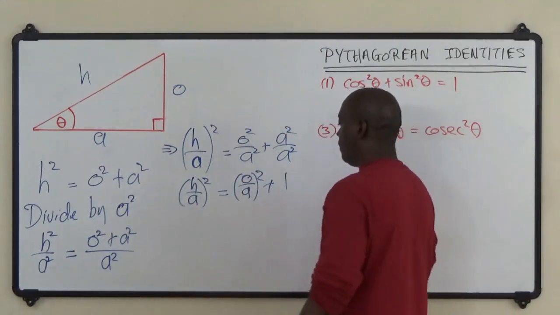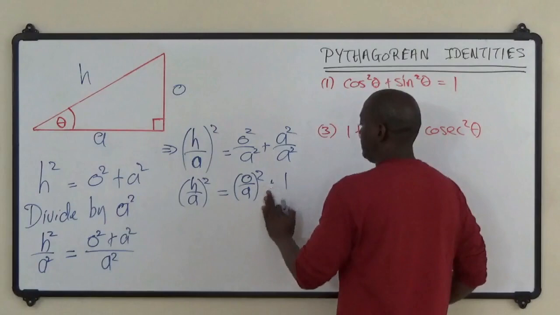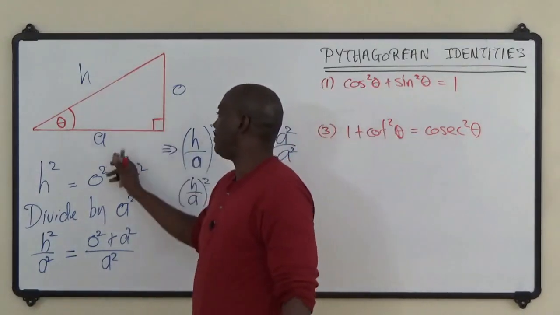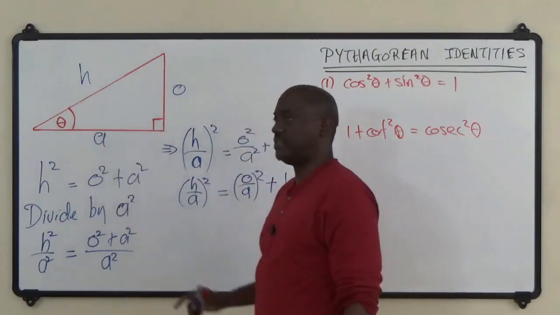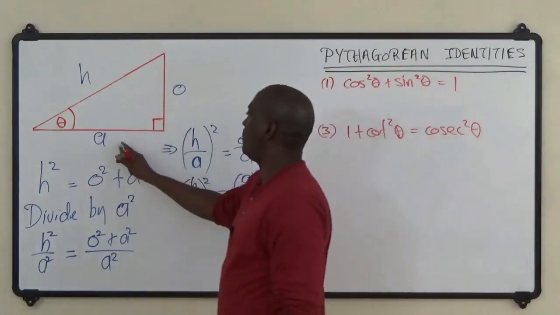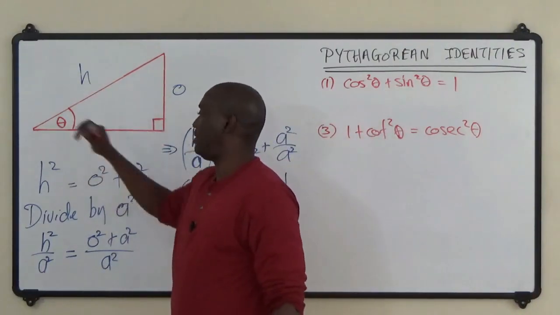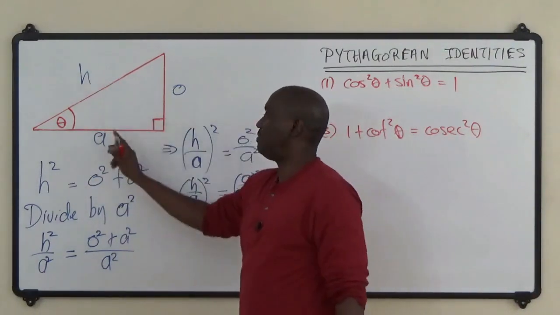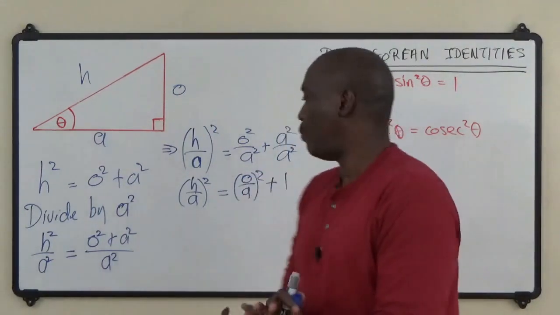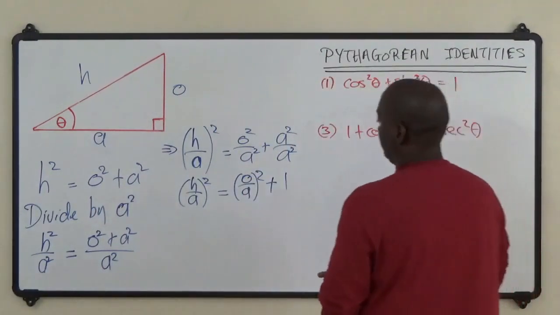Now, this is a plus sign, this is not a multiplication. H over a is hypotenuse over adjacent. We know that a over h is the cosine of theta, which means that h over a is something else, which is 1 over the cosine of theta, which is sec theta.